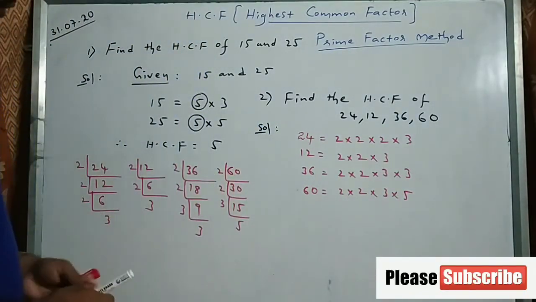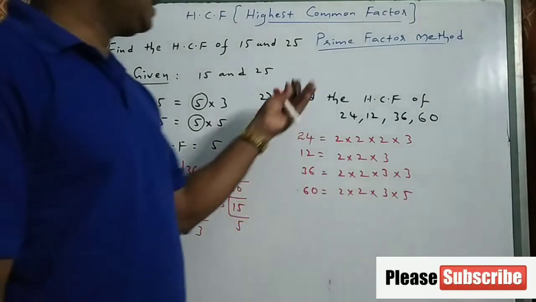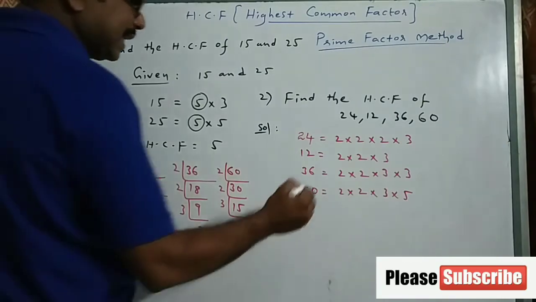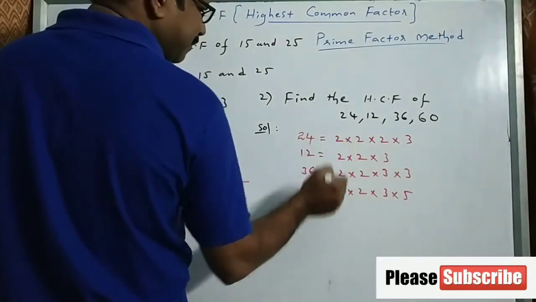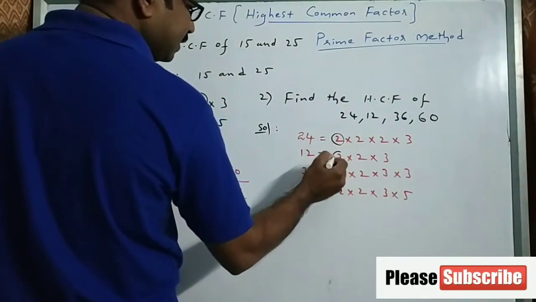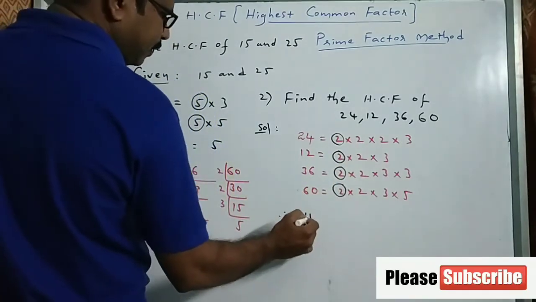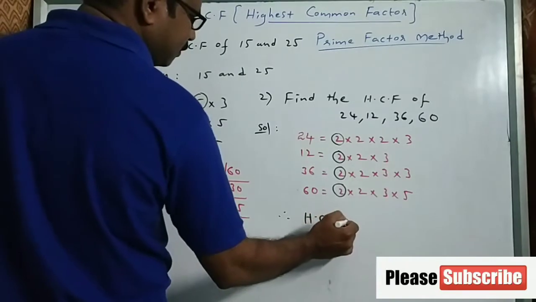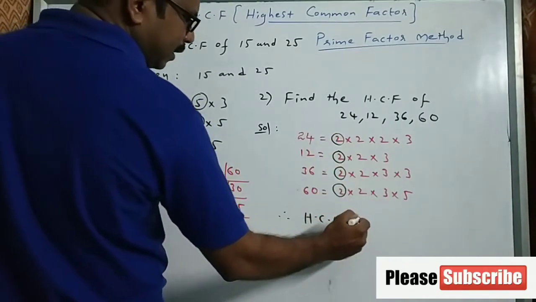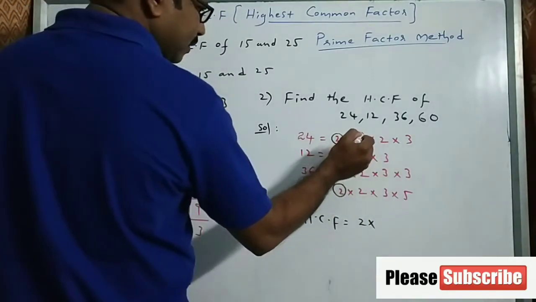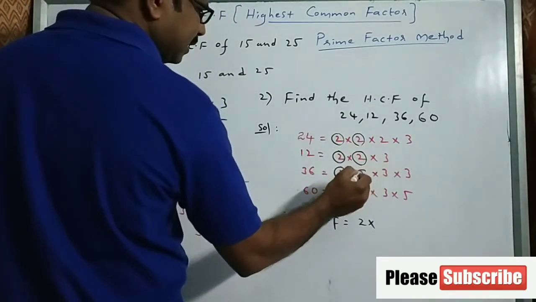Now what you are supposed to do is, what did I tell you? Prime factor method means common prime factors you should check. What are the common prime factors here? See, 2 is there. Therefore, HCF is equal to 2, into again one more 2 is there.